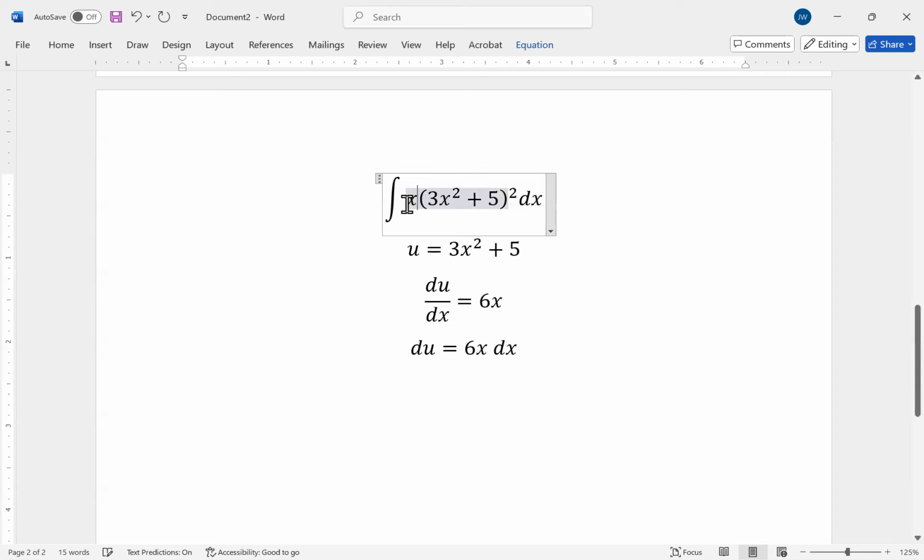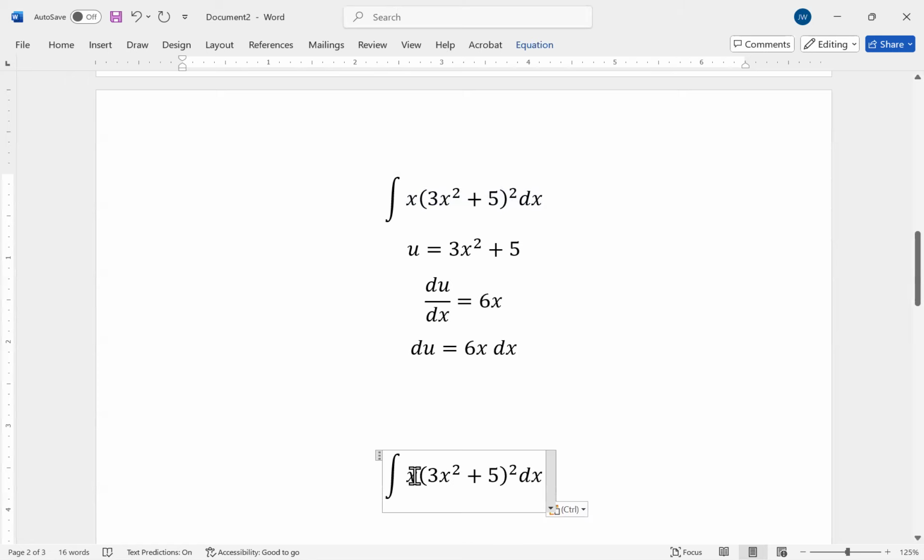Now, if you wanted to, there is an implied 1 out front. So you could take that 1 and factor it into 6 times 1/6. But I will also be able to take this x backwards and pair it with the dx. So I can put the x there in the back.